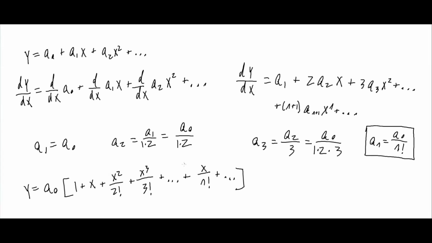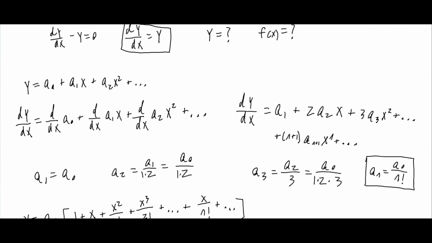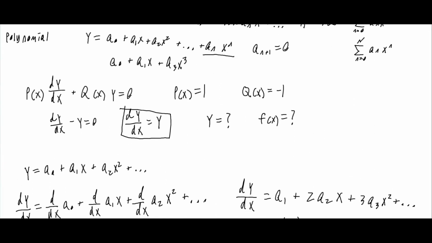If you've ever taken a calculus class before, this right here is the power series of e to the x. And so our function y is a naught e to the x. That will satisfy our first order ordinary differential equation.